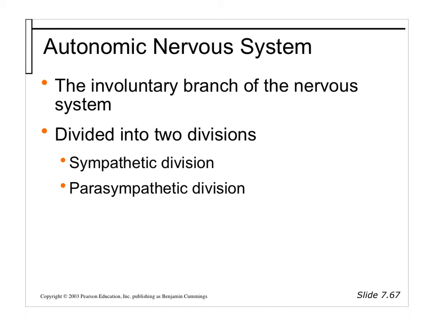So it is divided further into two divisions: the sympathetic division and the parasympathetic division. So each of those divisions is going to control a different set of processes in the body. So that's what we're going to talk about right now.